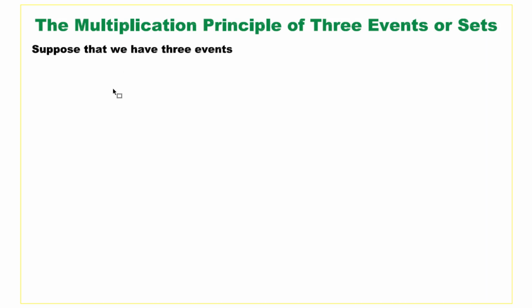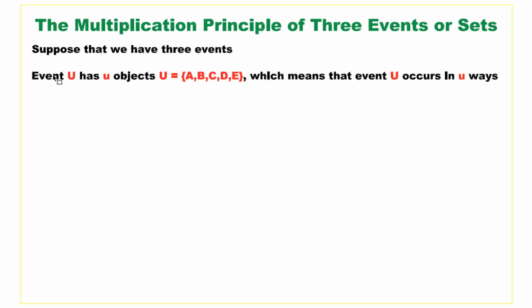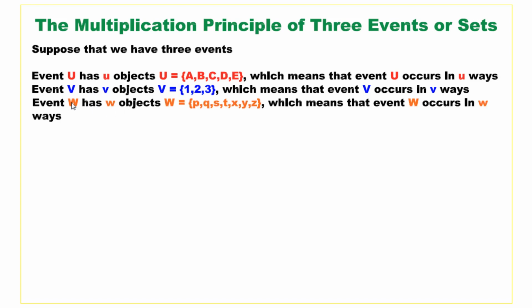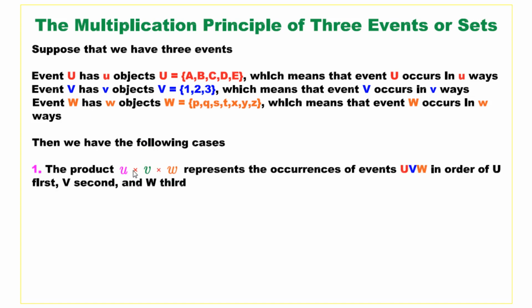So now we have 3 events. The first event is U and has U ways of occurrences. The second event is V and has V ways of occurrences, and the third one is W and has W ways of occurrences. So we have the following cases.